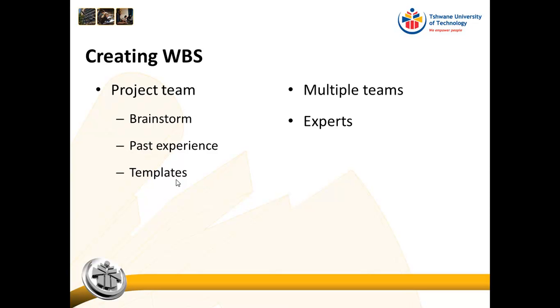If you go to the PMI website, you will find that they actually have templates of various work breakdown structures that are used in certain industries. Then we can also use multiple teams, and we can also call in experts. These experts do not necessarily form part of our project team at the end of the day, but they can help us make sure that we haven't missed anything in our work breakdown structure.